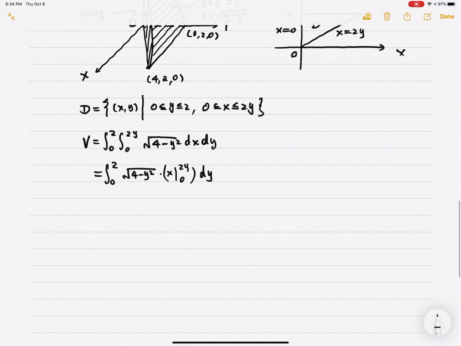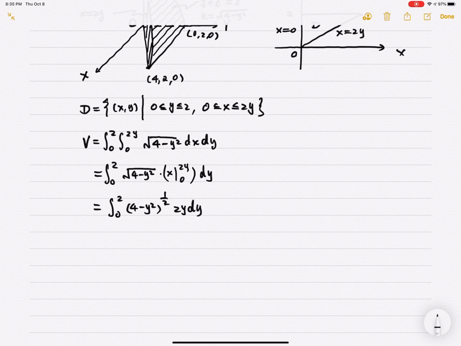Okay. Then if it's a 2y, we can do a substitution. Let me do one more step: 0 to 2, and then 4 minus y squared to the 1/2, and then here is 2y dy.